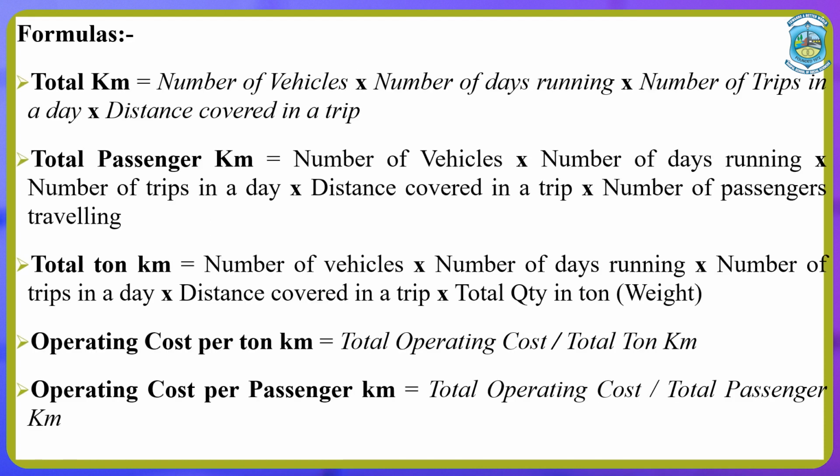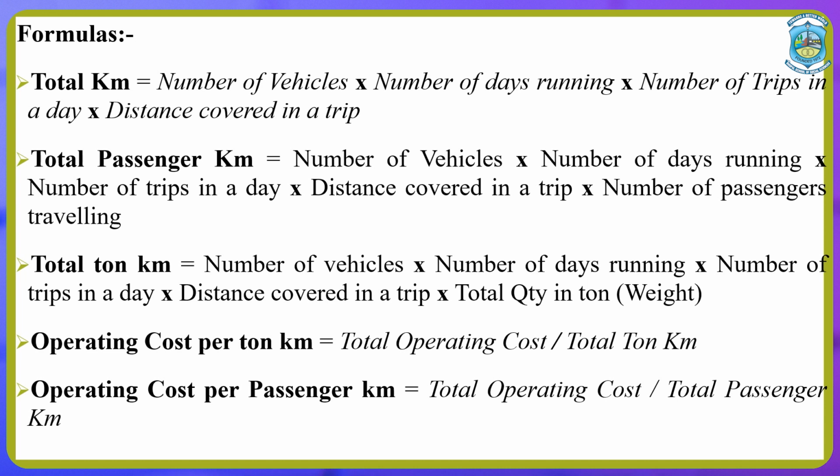Now the major formulas we have to apply for calculation. For example, to calculate total kilometers: number of vehicles multiplied by number of days running, number of trips in a day, and distance covered in a trip by a vehicle.